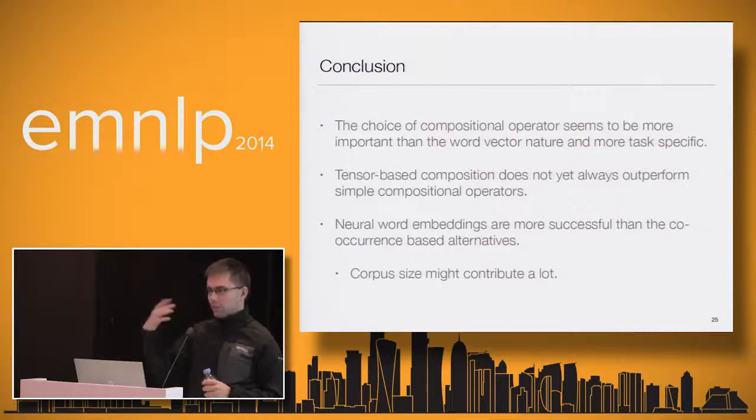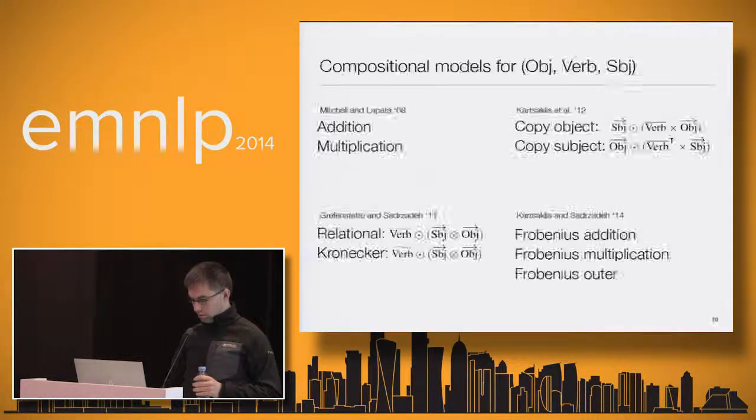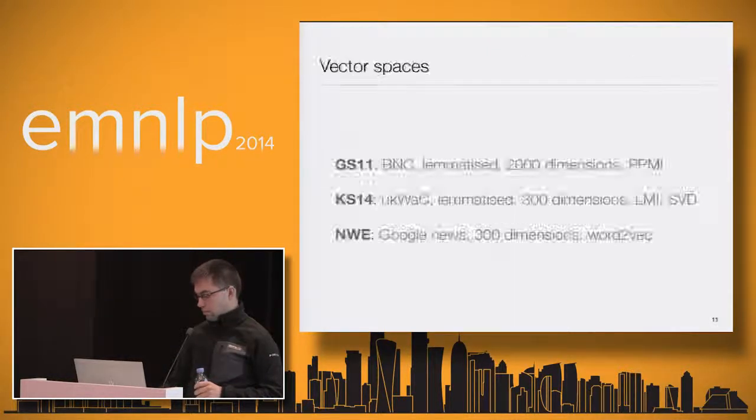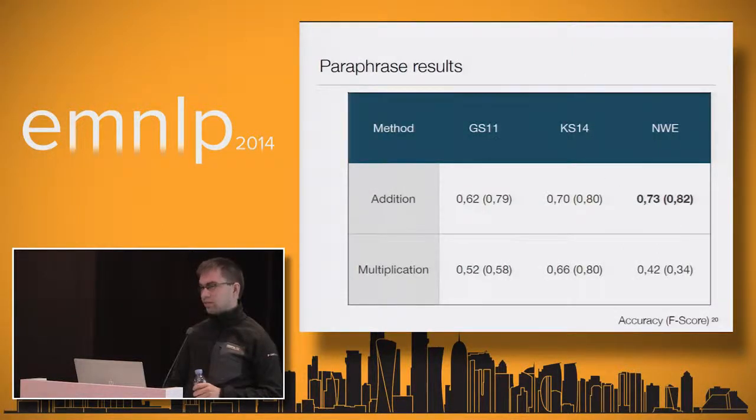How do you model verbs? How do you build these matrices? We showed you here two different ways to get verb matrices. Maybe that's not really an appropriate way to get verb tensors. But yes.